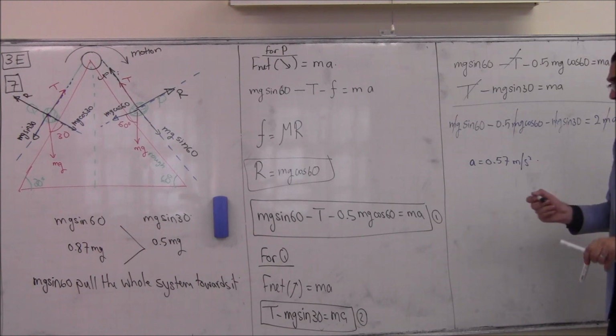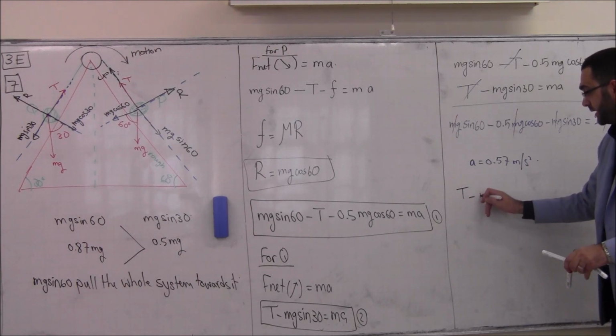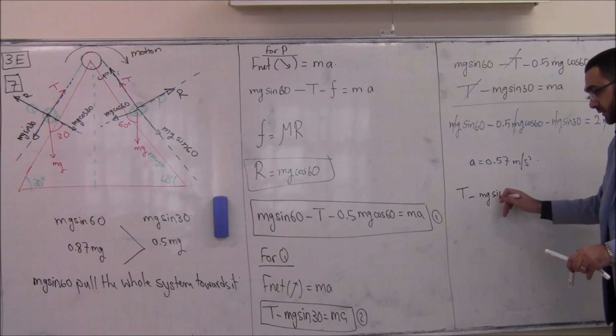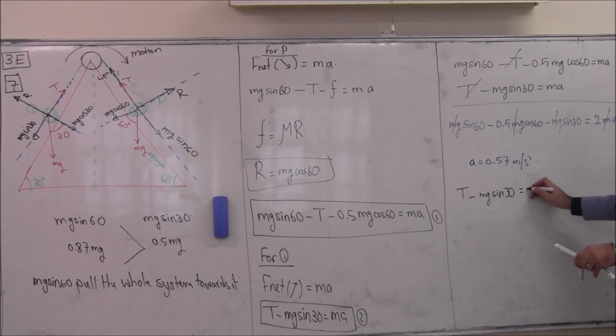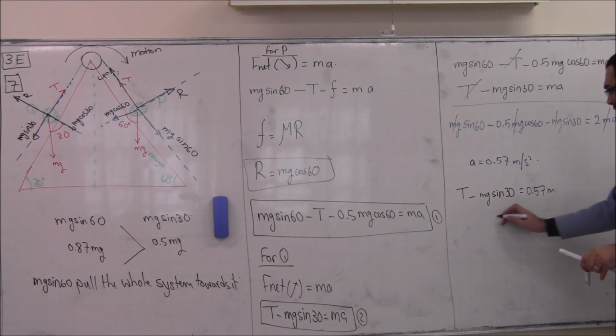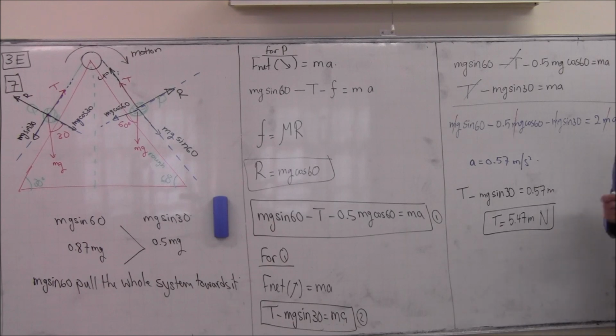So T minus mg sine 30 equals what? m times 0.57. So T equals 5.47 m newtons.